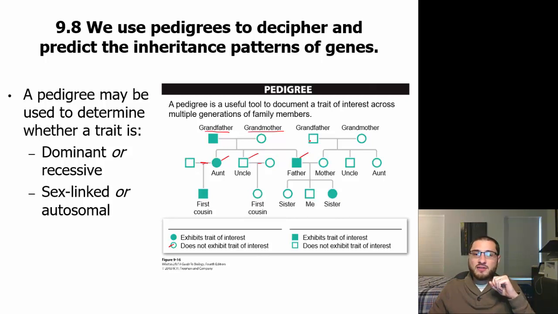So you have a grandfather that didn't have it, a grandmother that didn't have it, and all of their children did not have it. But now you see this gentleman that had it and this female that had it. They mated, or they reproduced, and they created these offspring: a daughter didn't have it, a son had it, or didn't have it, and a daughter did have it.